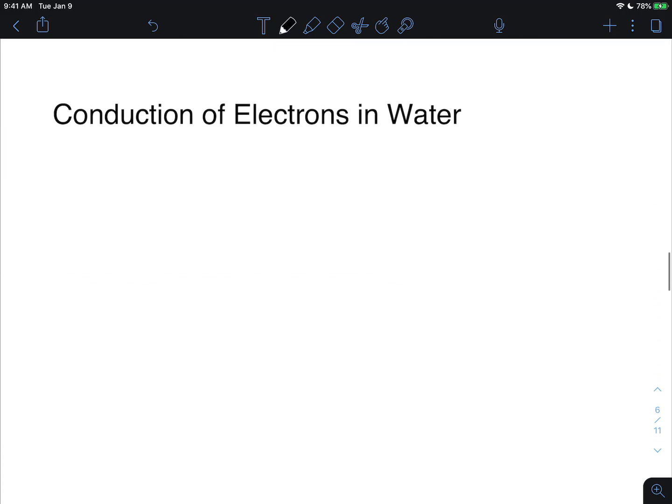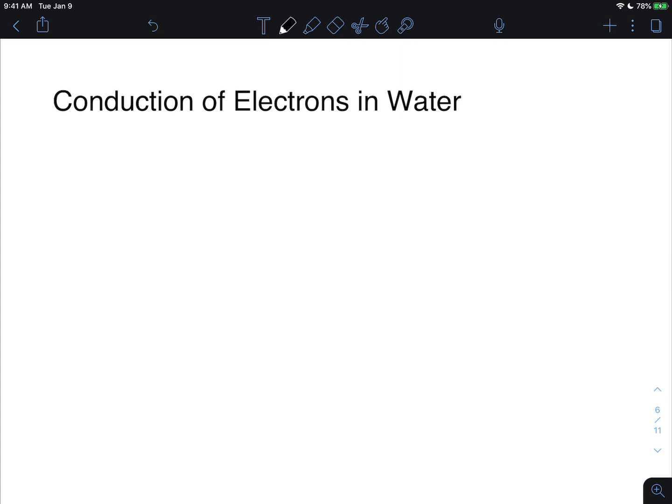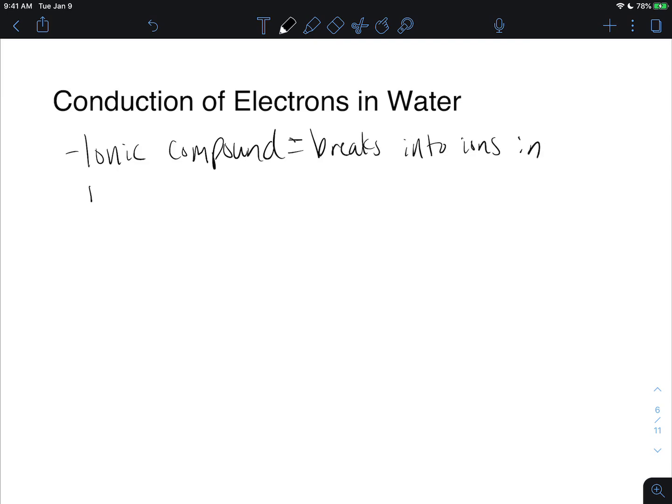So when we think about it, an ionic compound breaks down into ions in water when dissolved.